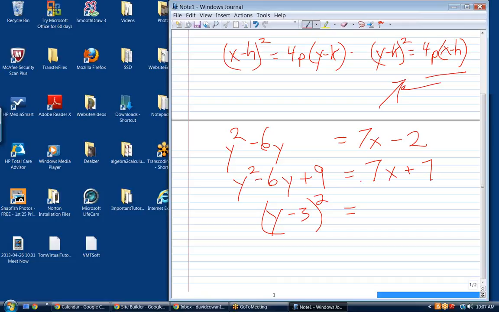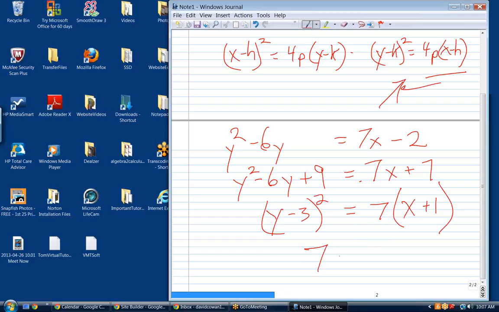In other words, we're going to factor out a 7. And now we know what k is, and we can figure out that 7 has to equal 4p. So therefore, p is equal to 7 divided by 4. Oh, I see. Okay, that makes sense.